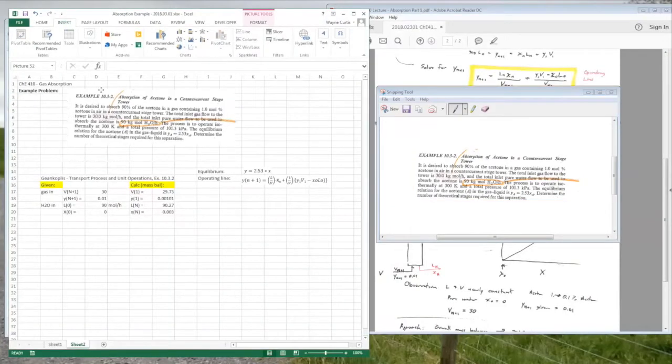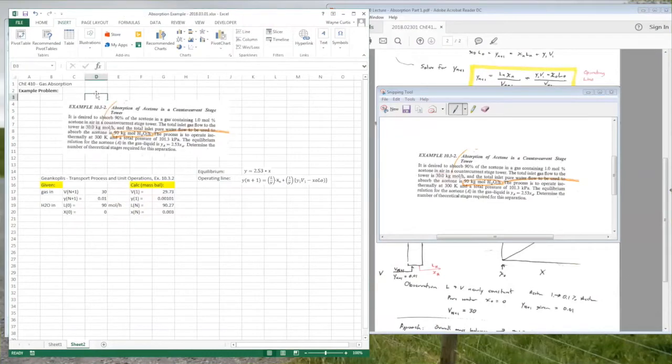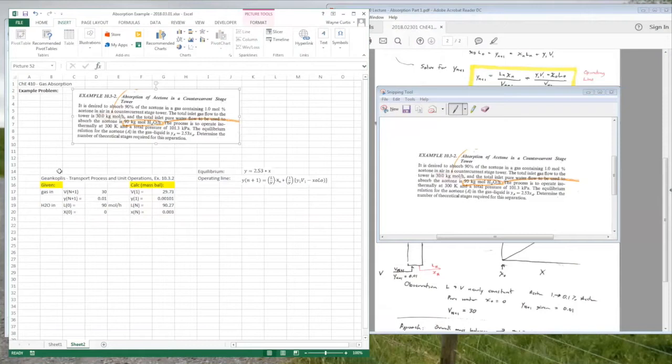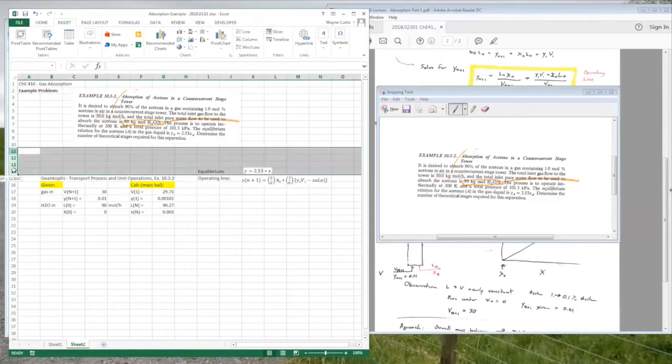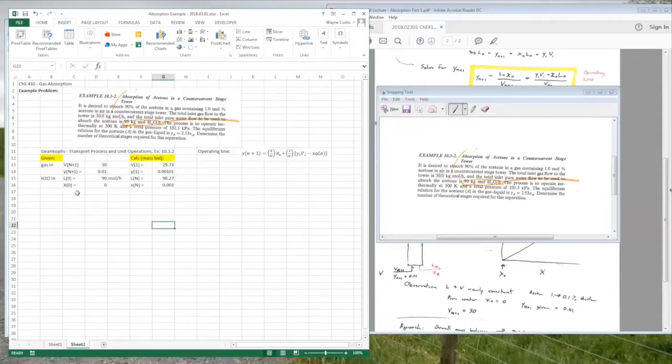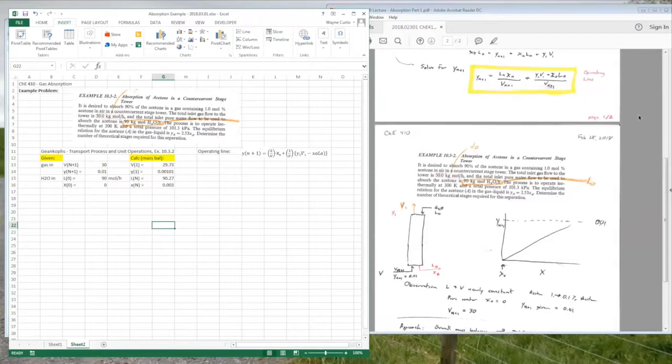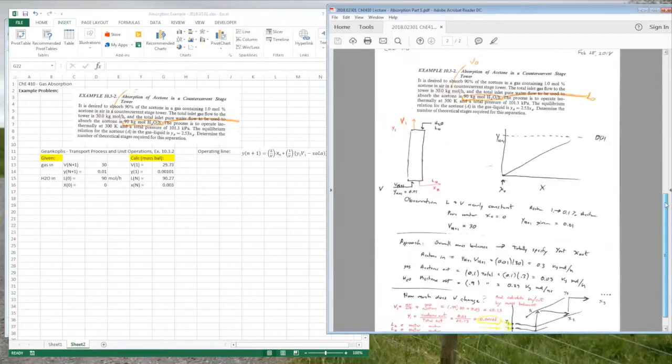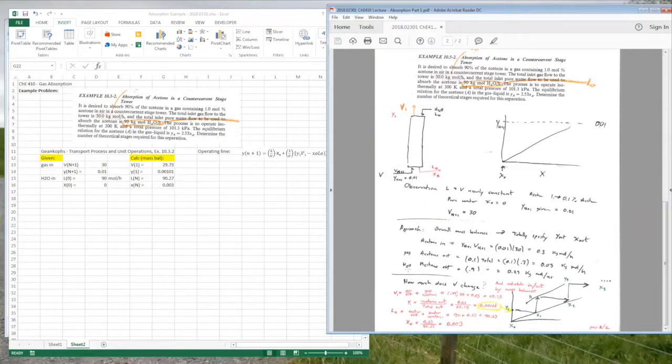So the problem, as it's stated, is a dilute acetone stream that's being absorbed with water. What I've just done in advance is what we had gone over last time in class, and that is we used just the overall mass balance to determine essentially what was given in the problem statement: total gas flow 30 moles per hour, total liquid flow for water 90 moles an hour.